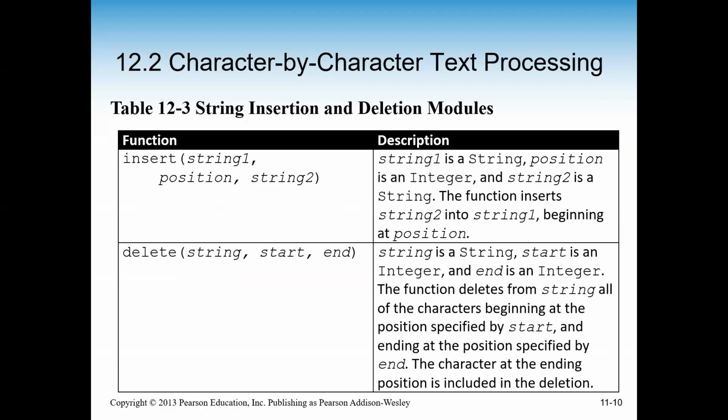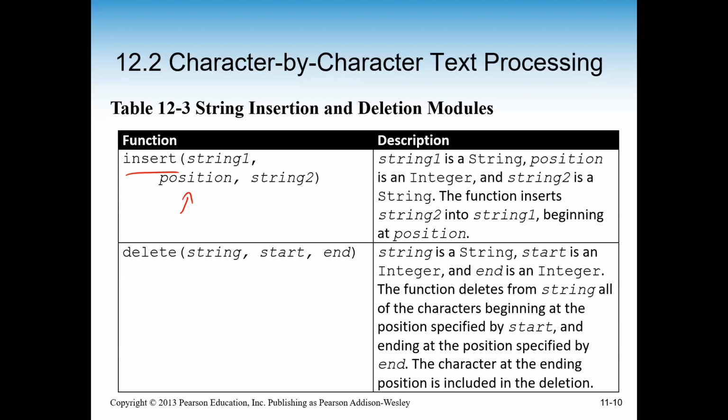So here we have, again, more examples. Here we have the function insert. You basically specify the position and the strings that you want to add and where to add it. String 1 is a string, position is an integer, string 2 is another string.